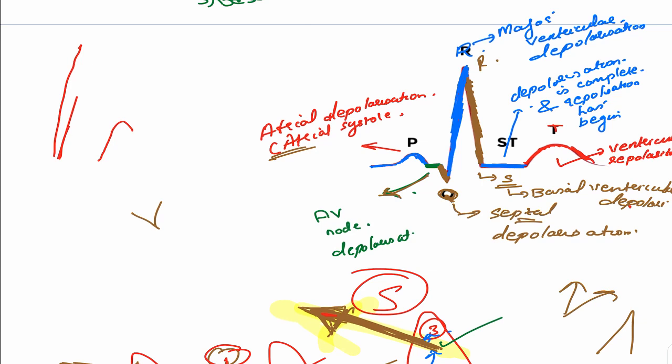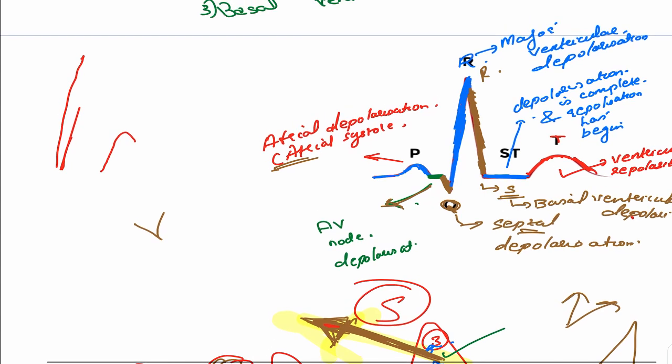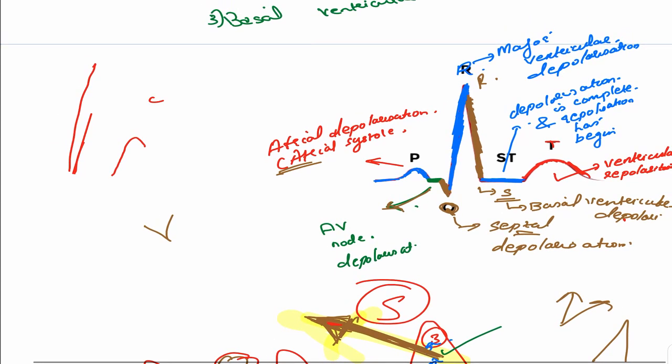It has got an upward symbol. Okay, got it. Now why is the T wave inverted? All this can be understood. Why is it upward? Because of the negative charges moving towards the negative side.